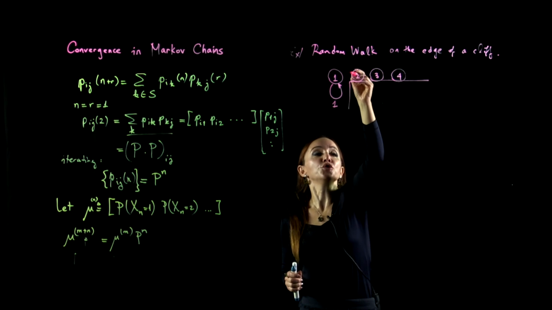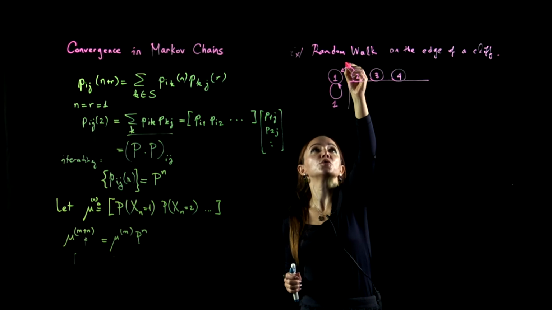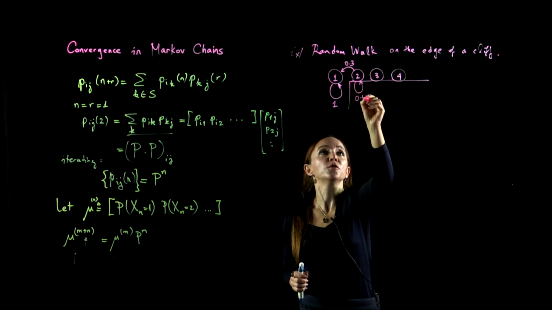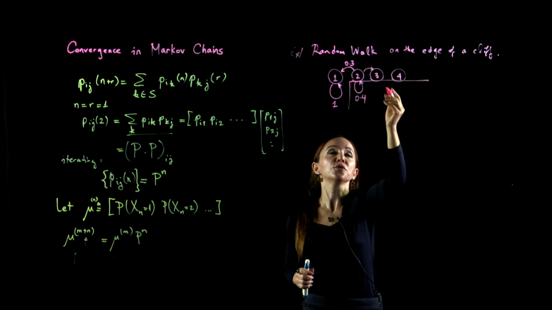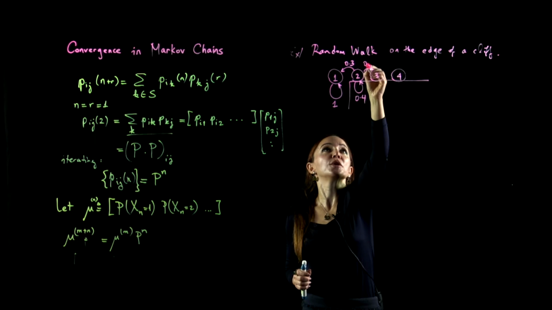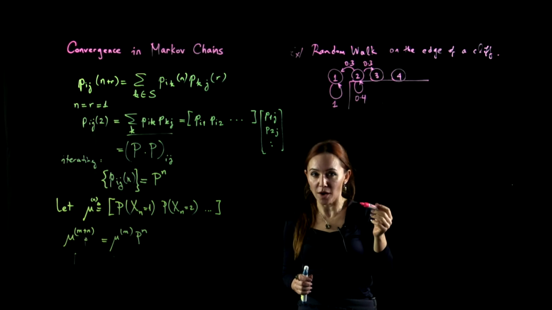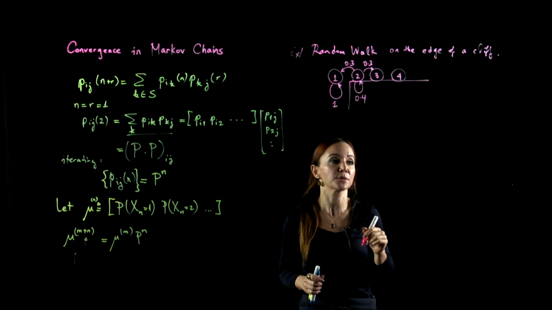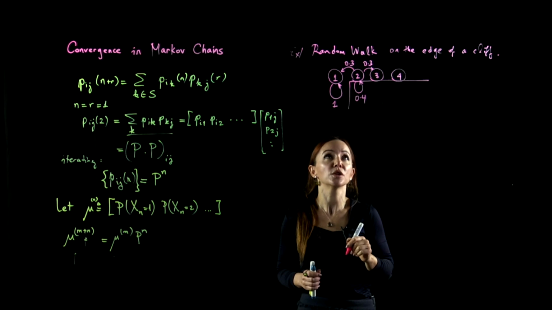If it's in state 2, it will move to state 1 with probability 0.3, it will stay in place with probability 0.4, and it will move to the right to state 3 with probability 0.3. Notice that these probabilities add to 1 as they are the row sum of the transition probability matrix, or by the total probability theorem, depending on how you would like to see it.